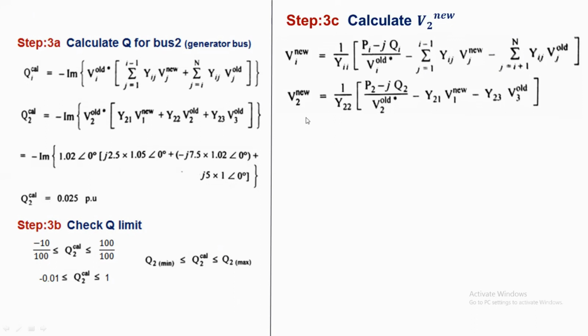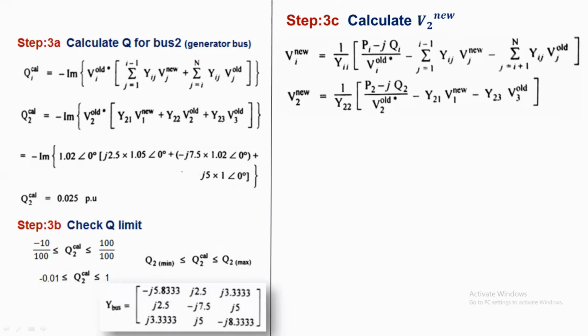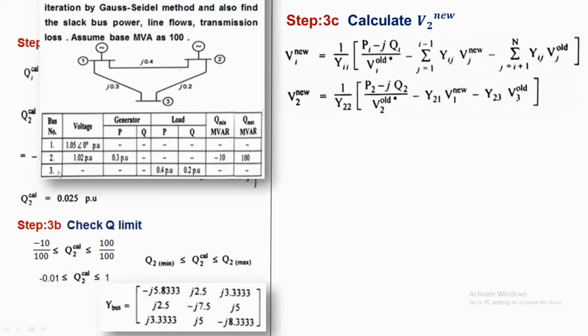Here substitute all the values. P2 is the specified value, that is 0.3 per unit. That value is given. Then Q2 calculated is the calculated value 0.025.